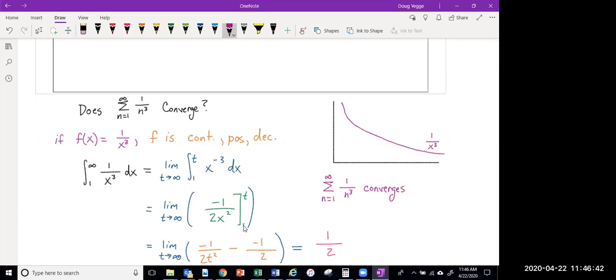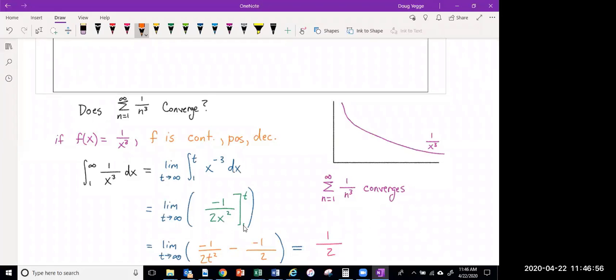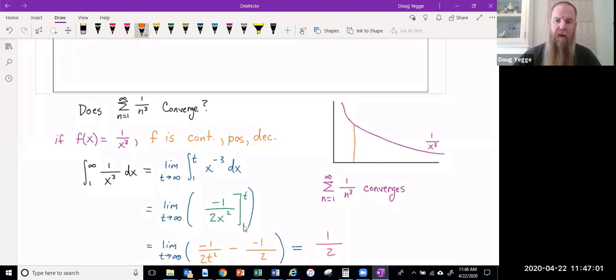So it converges to 1/2? Good question. So does it converge to 1/2? What do you think? Is that what that says? No, it just proves that it converges. It doesn't prove where it does converge to. Okay. Because what did we just prove? We did just prove that the integral converges.